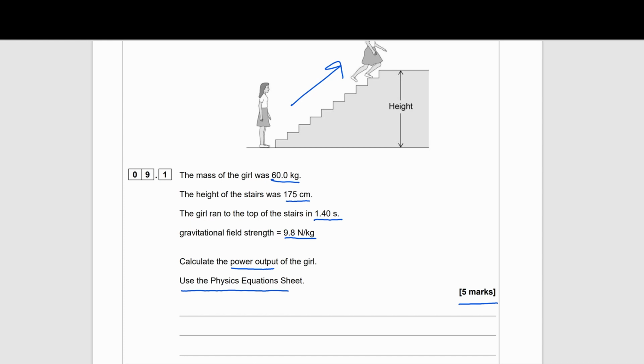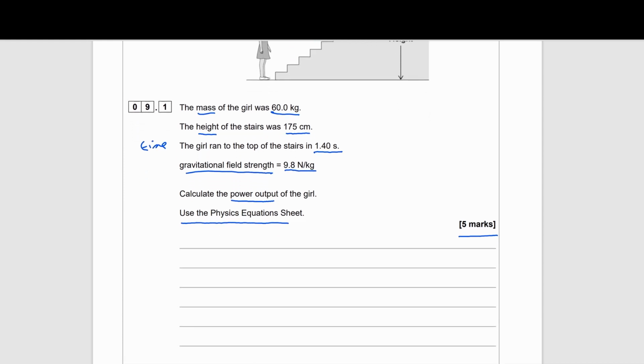We're given a mass, a height, a time, and gravitational field strength. We need to find power. So, checking our physics equation sheet, do we have an equation that's linking mass and height somewhere? Yes, we do. And that equation is to calculate gravitational potential energy. So, gravitational potential energy is equal to mass times gravitational field strength multiplied by the height.